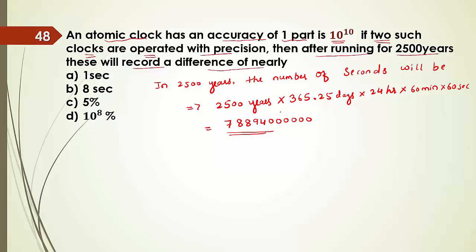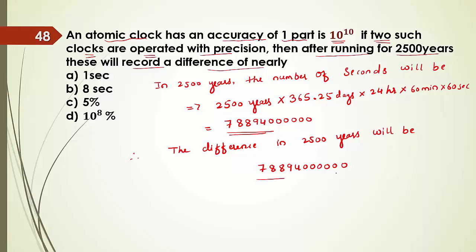But there is a difference of 1 part in 10 raised to 10. So therefore, the difference in 2500 years we can take as 788940000 divided by 10 raised to 10.